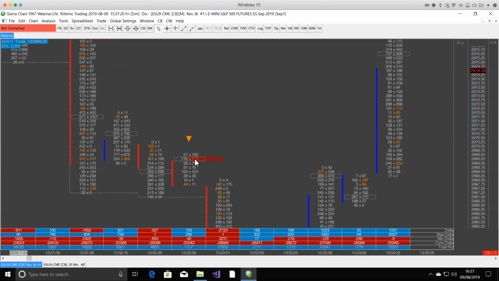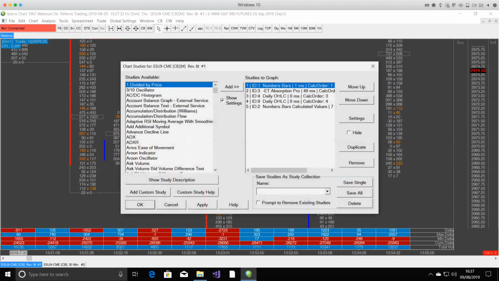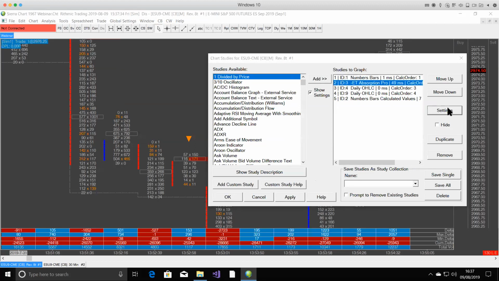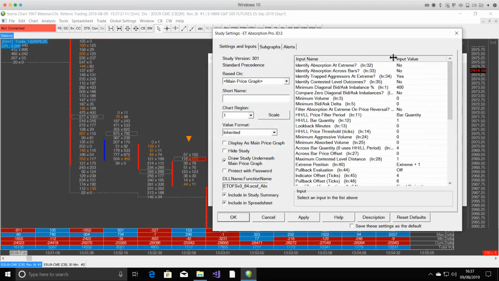So we are looking for buying at the top of candles or selling at the bottom of candles. We take the bar directions into account. So we want a price reversal, and we can also specify the parameters around the imbalance, just like we saw in price rejector last week. So we want 400% imbalance.